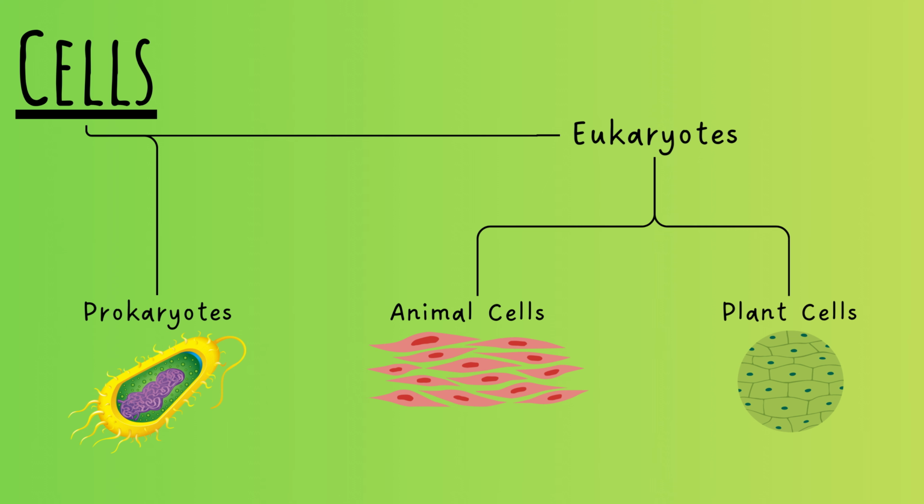The other category is eukaryotes, which is again split into two separate categories, animal cells and plant cells. They can exist as single cellular organisms, but they can also be large multicellular organisms. This includes me, you, and the plants on my windowsill.